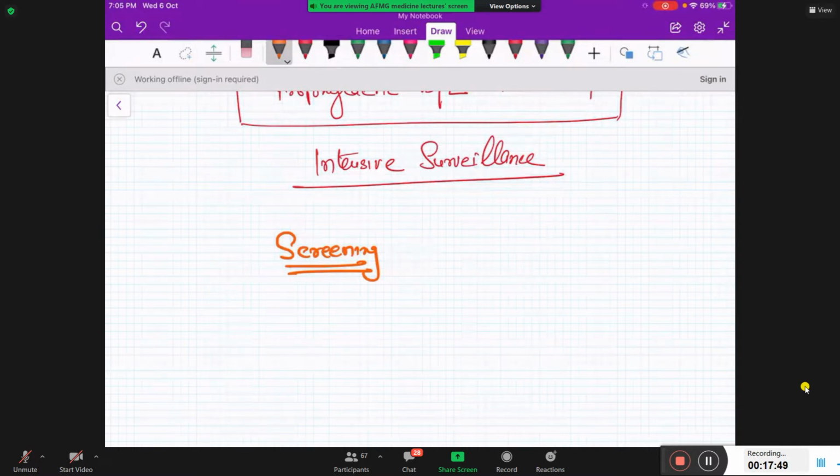There is a process started, but she has not developed a lump which she can feel at this moment. So we want to pick those females, and if we pick them at that stage, obviously their survival will be better. So this is called screening.